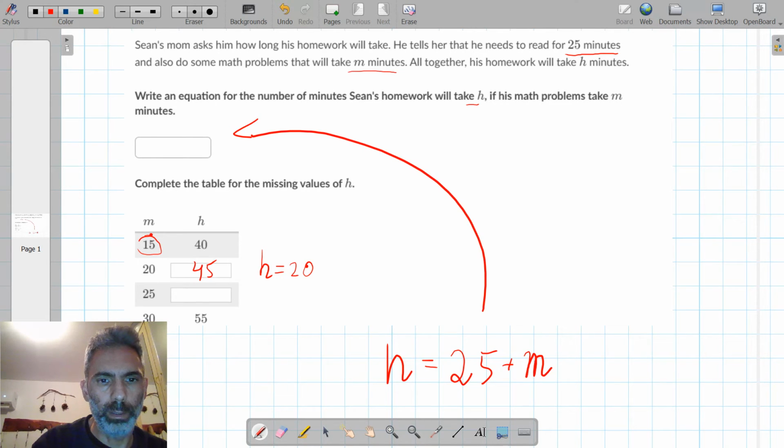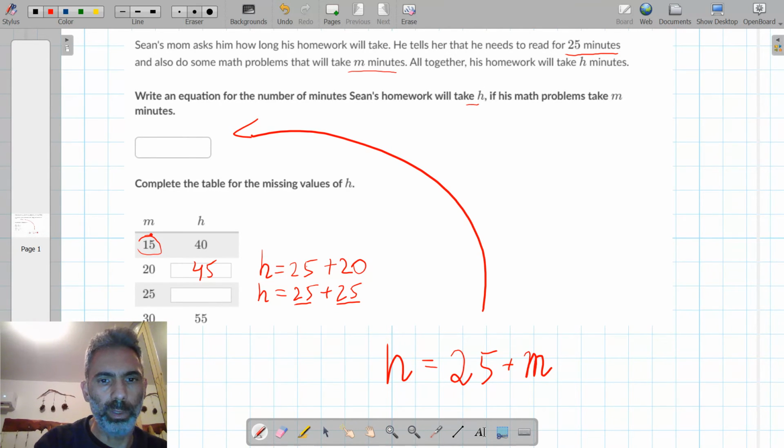H equals 25 for reading, plus instead of m we plug in 20. So 20 plus 25 is 45. And for m equals 25, the equation is 25 plus 25. 25 is for reading, and for solving math problems, another 25.